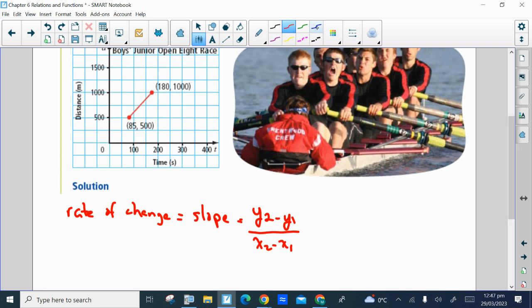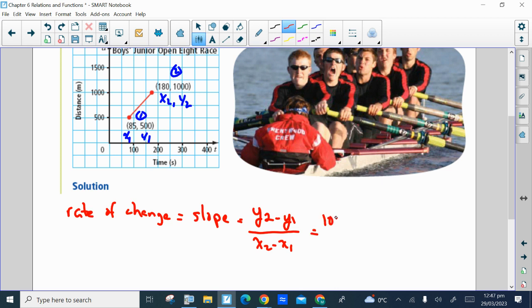So remember, we did this yesterday. Designate one of the points as point 1. Let's say that bottom point is point 1. That gives us our values of x1 and y1. So the top point will be point 2, which is x2 and y2.